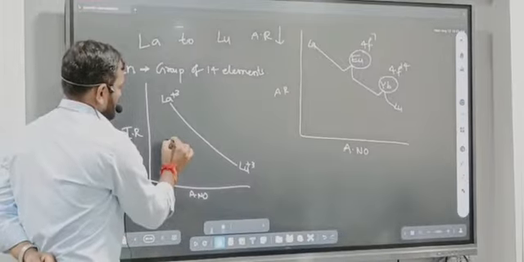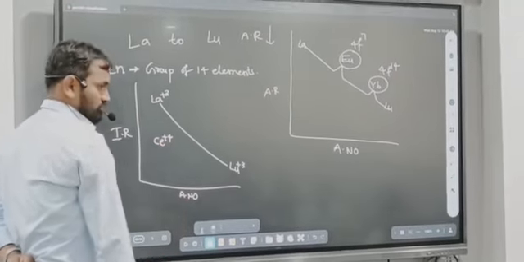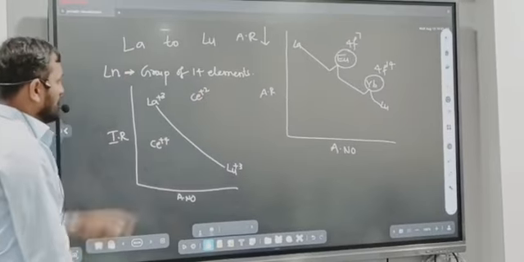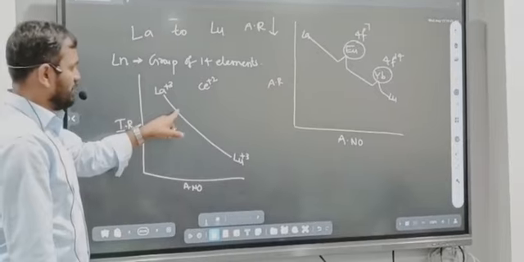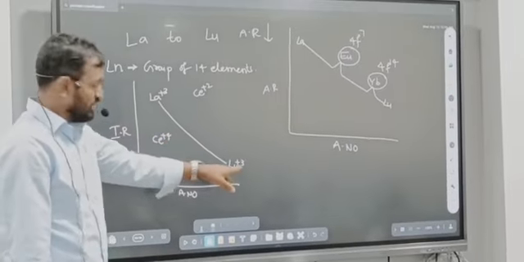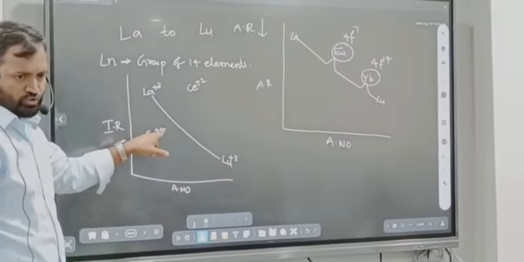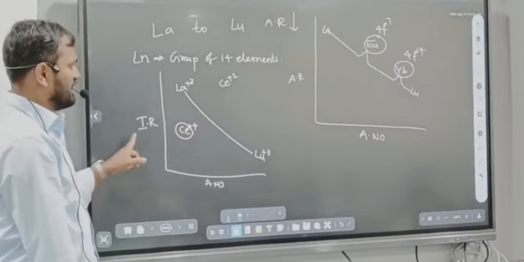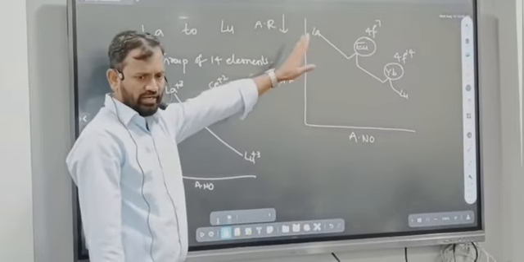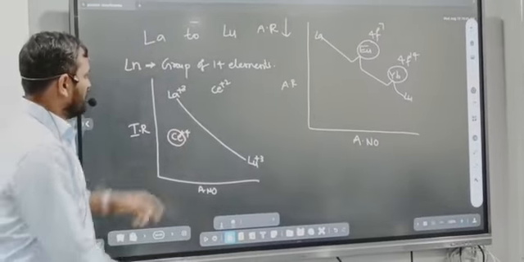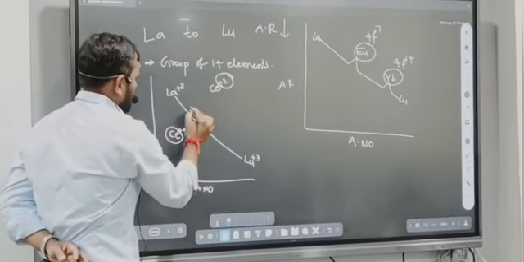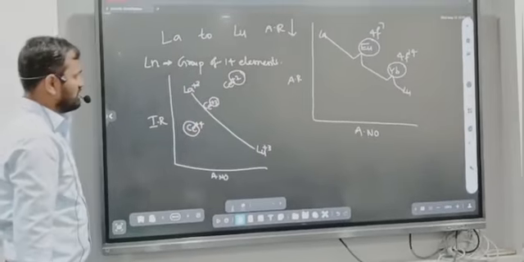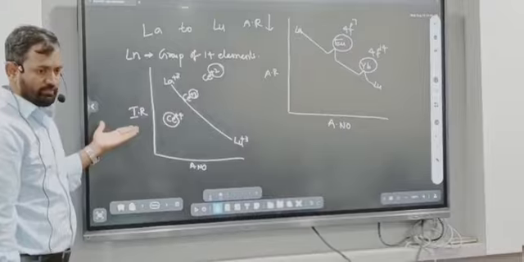If you see cerium +4, cerium +2, among lanthanum, cerium, praseodymium, neodymium up to lutetium: cerium +4 means greater positive charge, lesser ionic radius. Ions only possess ionic radius, atoms possess atomic radius. Among cerium +3, cerium +2, and cerium +4, which one has greater ionic radius?